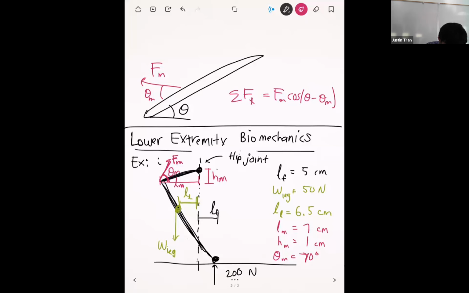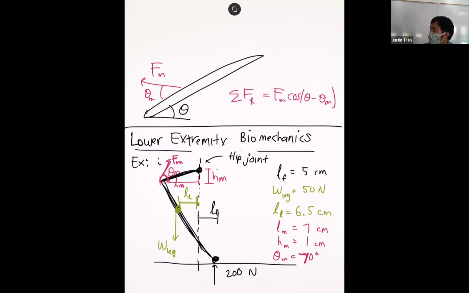But I define this muscle attachment angle a little bit differently than normal, because normally the theta M's, or your muscle attachment angles, are with respect to the limb itself. But in this case we're not really covering a limb. We're basically just covering the distance between the outside of our thigh bone and our hip joint, so the only distance there is kind of just the femoral head.